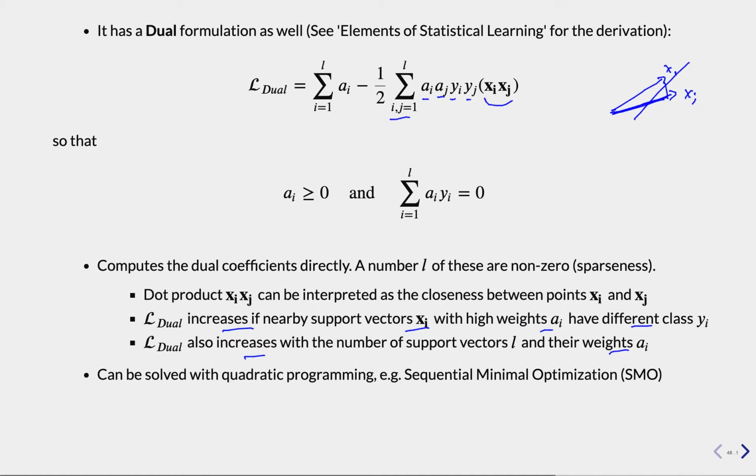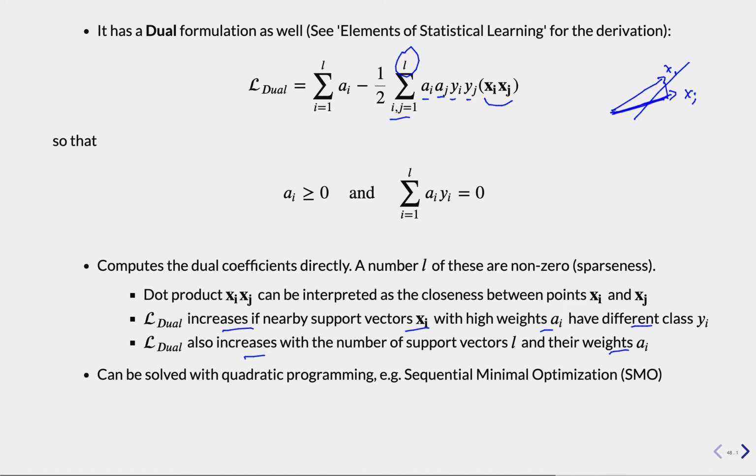This sum is not done over the combination of all possible points, but only over the support vectors. These are the ones which have an alpha value, a dual coefficient, which is non-zero, right? So this will not be done for every possible combination, but only for every combination of the support vectors, right?